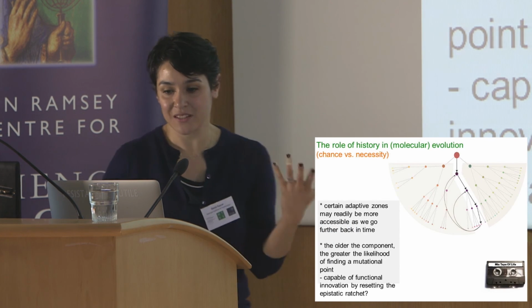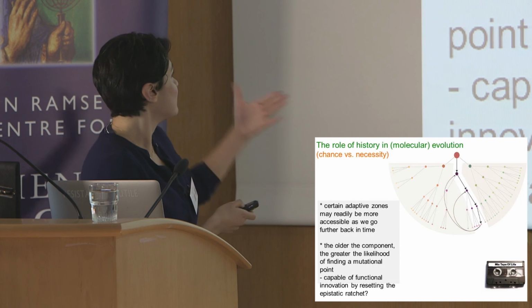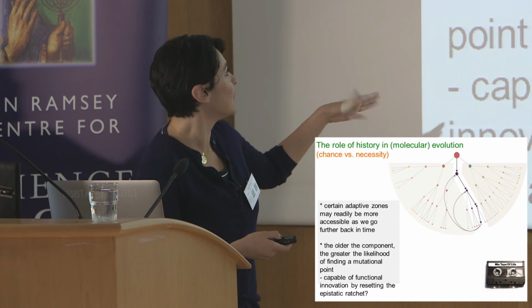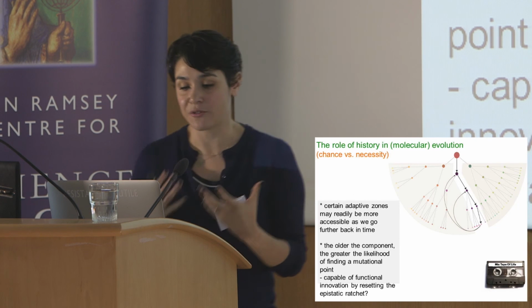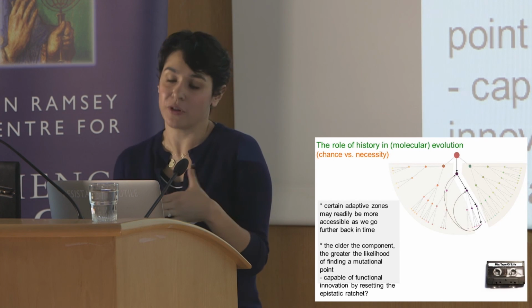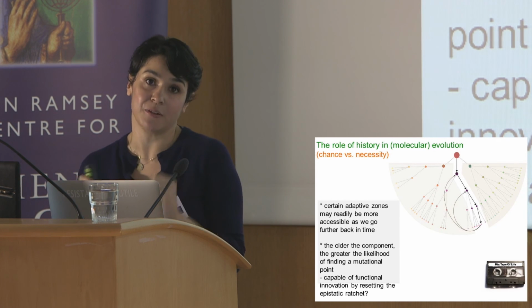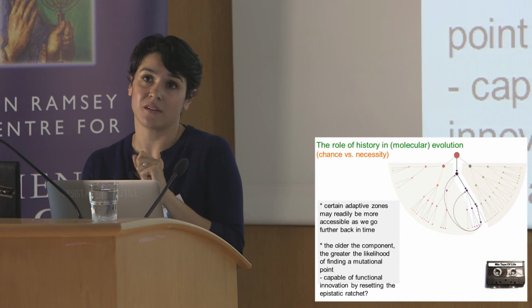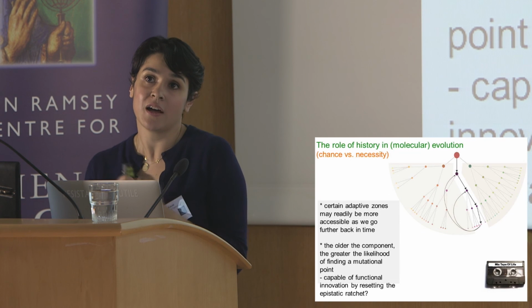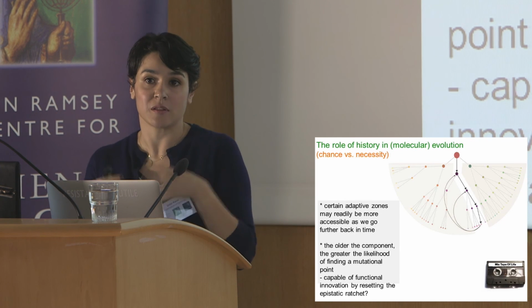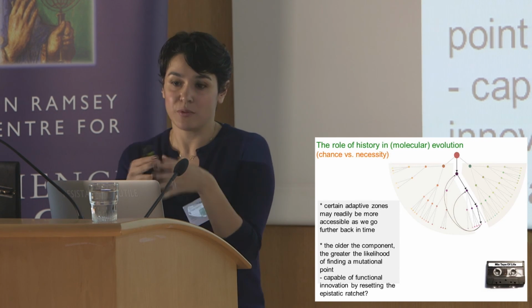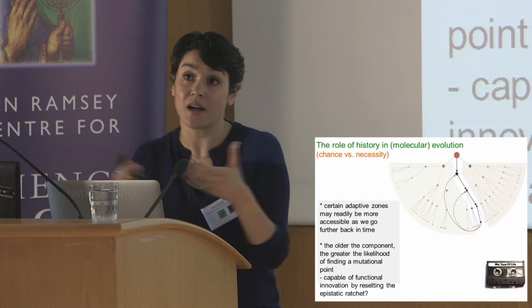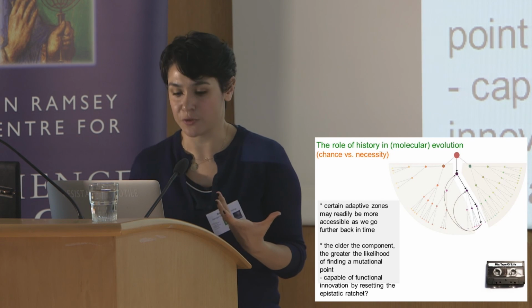And I will end by saying that the older the component, perhaps the greater the likelihood of finding a mutational point that is capable of functional innovation, so that perhaps we can switch the gears in the epistatic interactions between the mutations and let the proteins, not only the protein that we are manipulating, but the proteins that are interacting with it, explore different solutions.